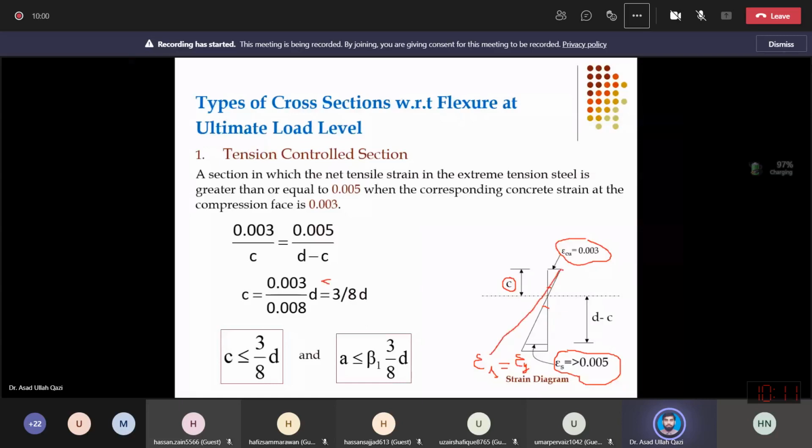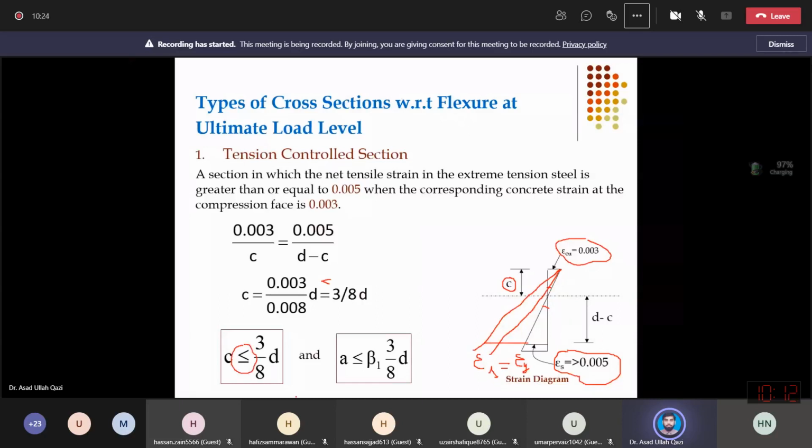So when you will keep on decreasing the neutral axis depth, it means your strains in steel are getting bigger and bigger. So all C's equal to or less than 3/8 of the effective depth will show that cross section is tension controlled under reinforced.